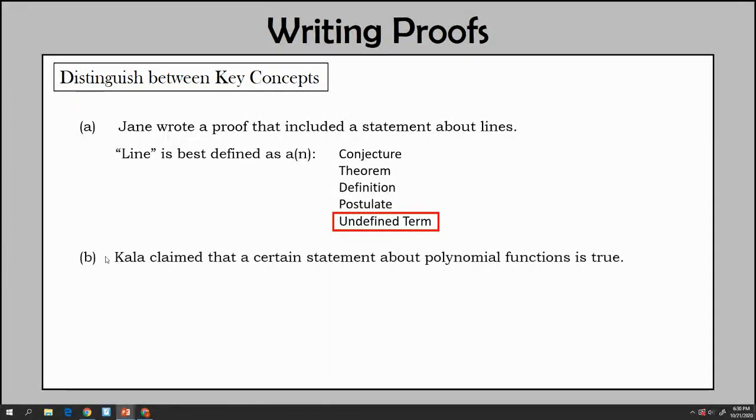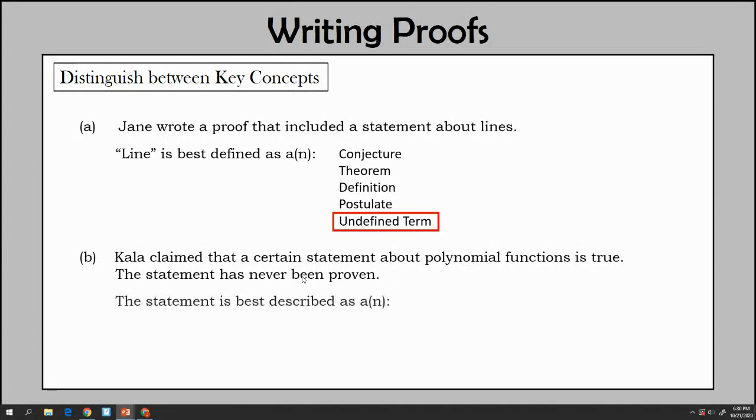Another example. Okay, Kayla claimed that a certain statement about a polynomial function is true. The statement has never been proven true. So she's claiming a statement to be true, but it's never been proven true. So the best description for this scenario is a conjecture. Remember, a conjecture is a statement that we think is going to be true, but we haven't proven it true yet.